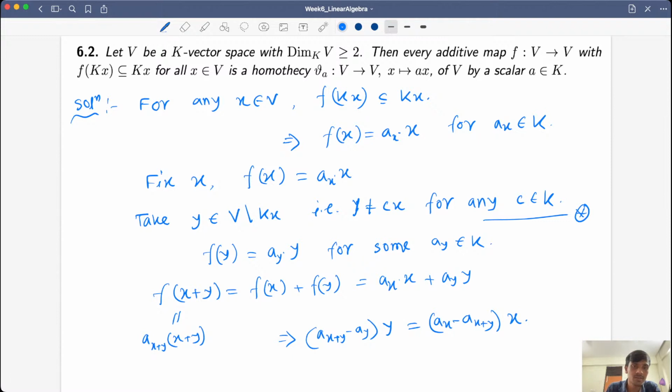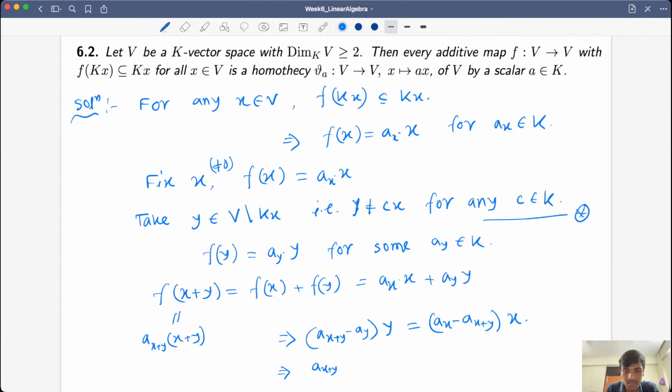Because x was fixed, let me fix x non-zero; otherwise if x is 0, then it is 0 anyway. And y is in V minus kx, so 0 is not there; y is also non-zero. So I must have a_{x+y} equal to a_y. This condition is saying that y and x are linearly independent, but in this case you are getting a linear dependence condition.